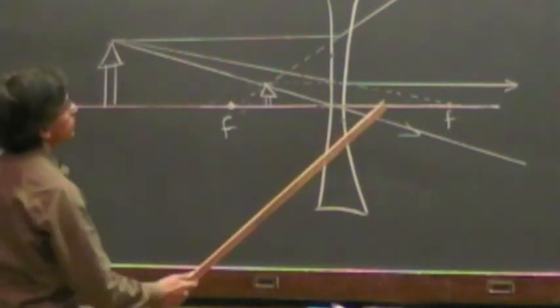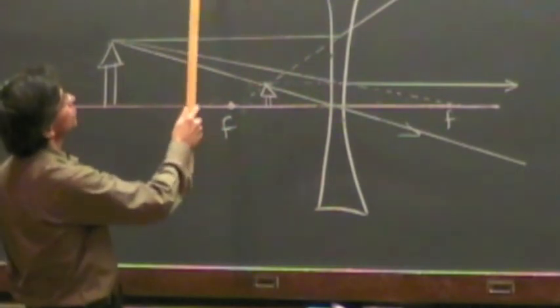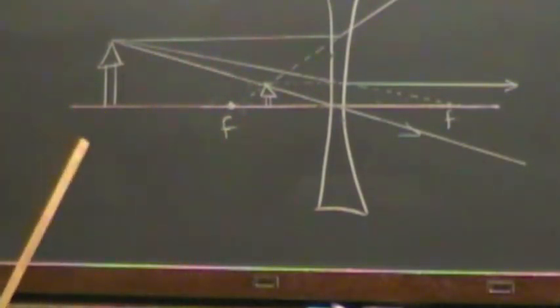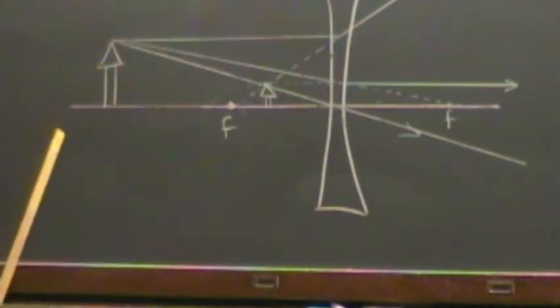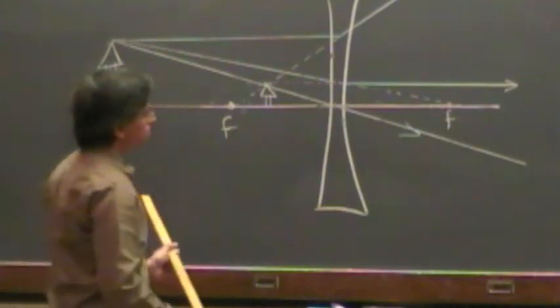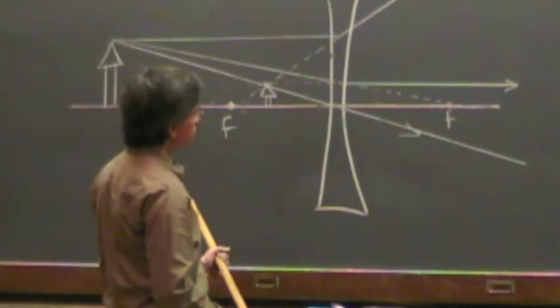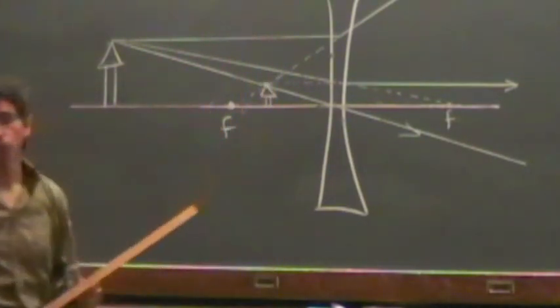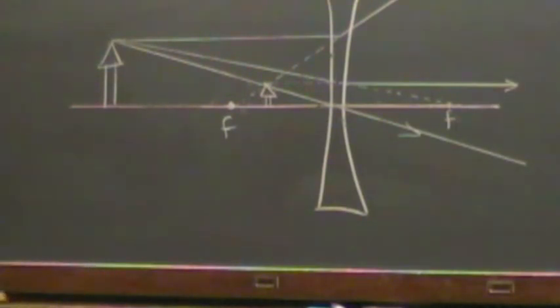So notice the inverted role of near focal point and far focal point in these two kinds of lenses. That's a very big difference in the way those lenses form images.